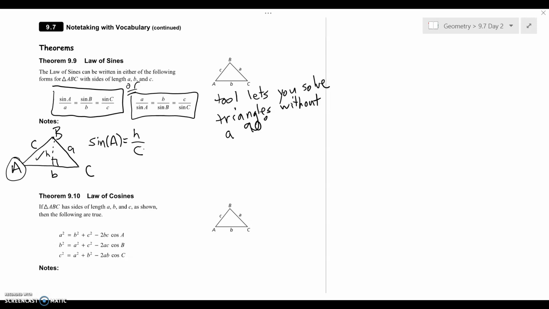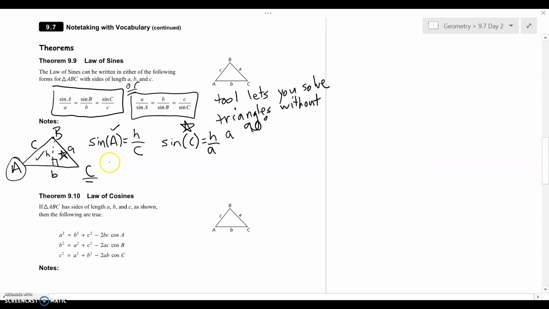And if I focus then on the right-hand one, if I just look at angle C, then I can say, okay, well, sine of C would be H over A. So in this case, A is the hypotenuse on this right-hand side triangle. So I've got my left-hand side, my right-hand side. Those are 2 90-degree right-angled triangles. And I can use sine of A and sine of C for opposite over hypotenuse.